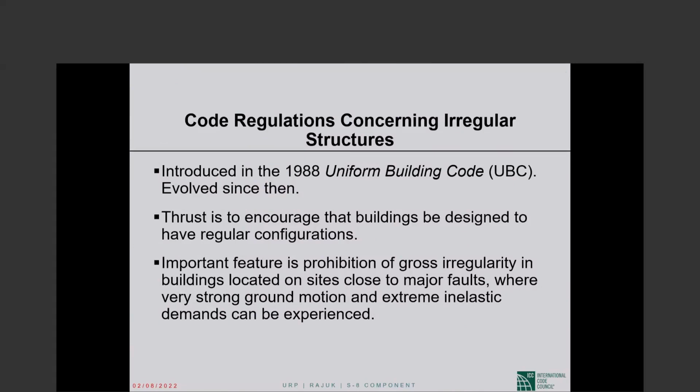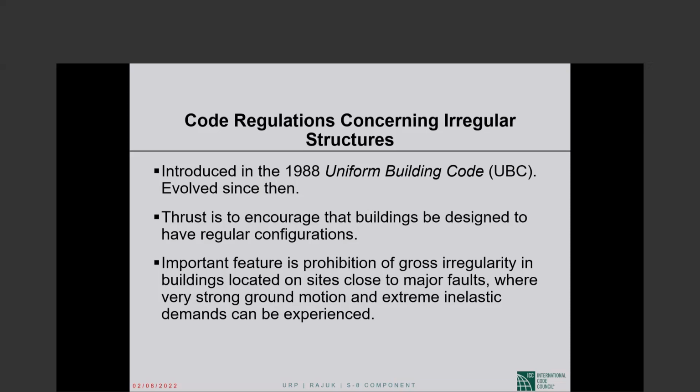The thrust of the regulations is to encourage that buildings be designed to have regular configurations. The idea is not to penalize the lack of regularity, but to encourage regular configurations.